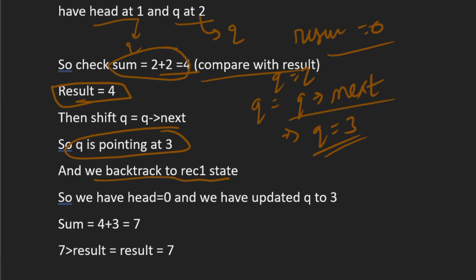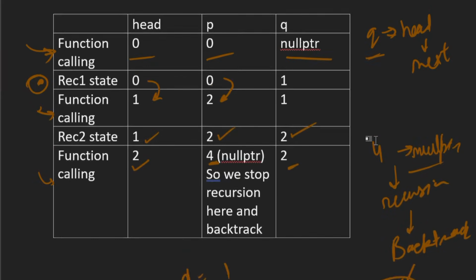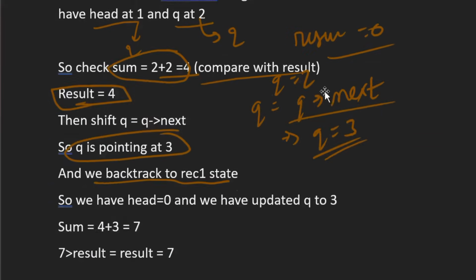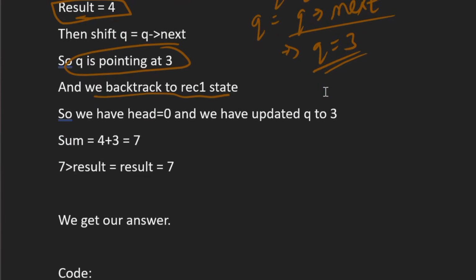So in recursive state 1, if you see, we have head at 0 and q at 1. In recursive state 1 we have head equal to 0, q was 1, but we have updated q to 3, right?